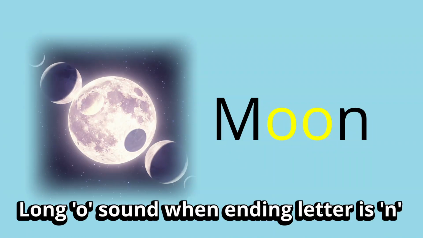Two O's right next to each other make the ooh sound if the word ends in an N. Moon or cocoon. So when you see two O's right next to each other, they usually make the sound ooh if the word ends with an N.